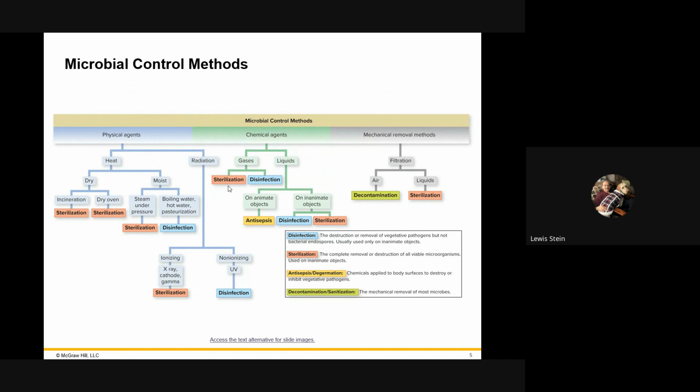We use pressurized steam, a la a pressure cooker, called the autoclave. You could do this at home if you're like me and have an Instant Pot. That's a pressure cooker, and it heats to the same temperature as the one in the hospital sterilizing instruments, as long as you keep it in there long enough.